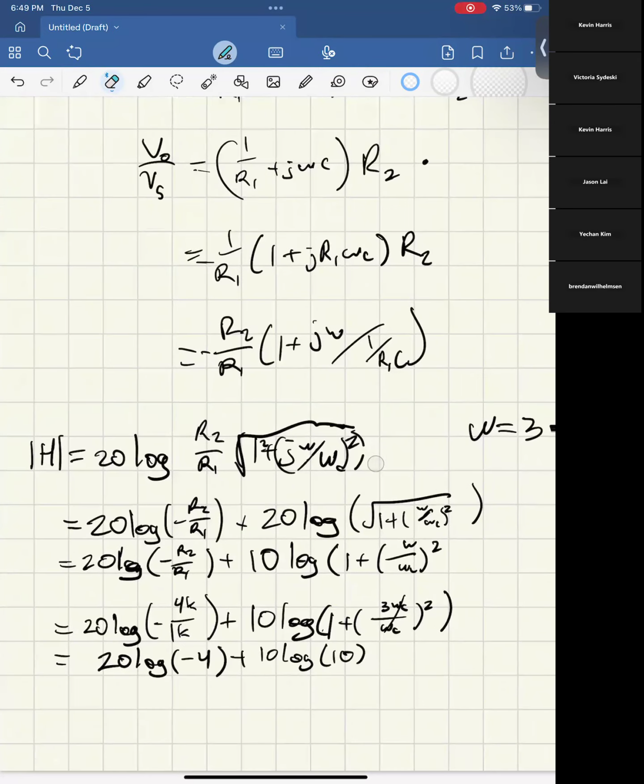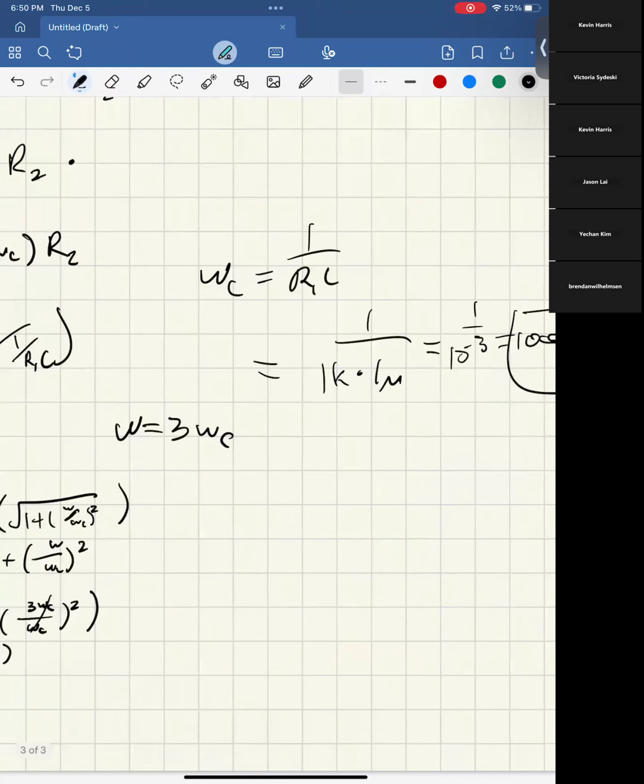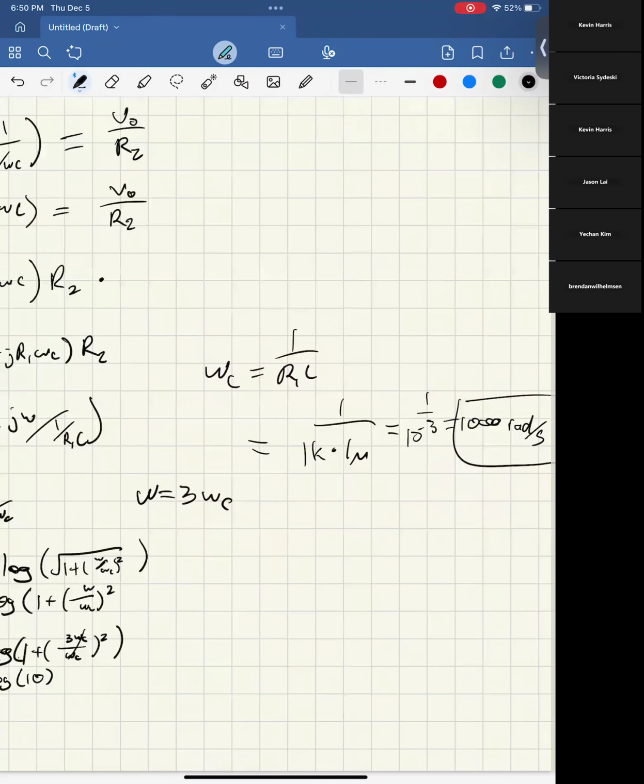Okay, let me skip back a couple steps and make this a bit clearer. This was our initial thing, right? We got from the previous part of the question our transfer function as 1 plus j omega over omega C, where omega C equals 10,000 or 1,000.